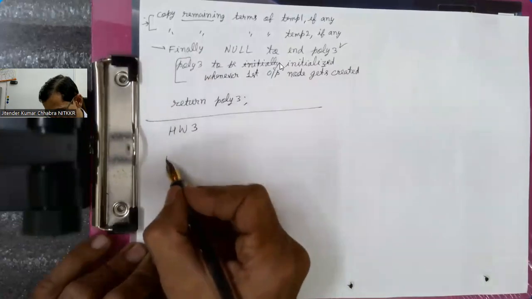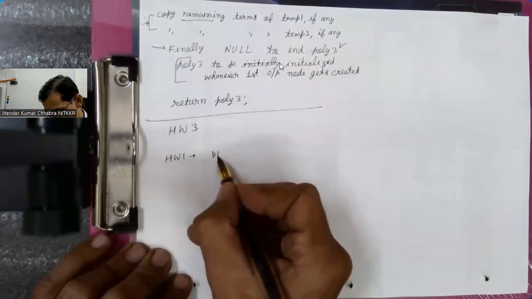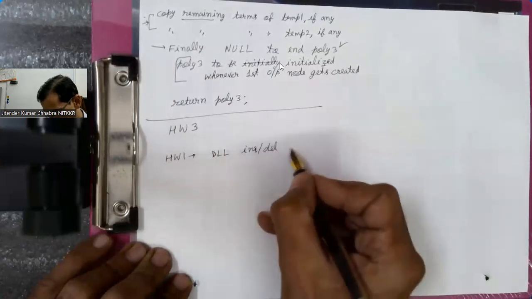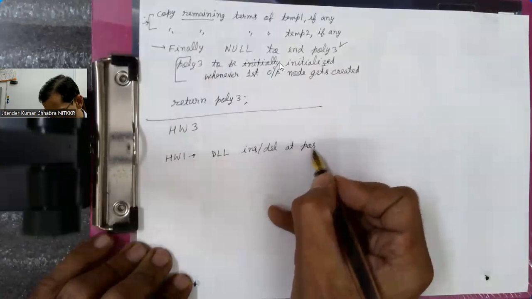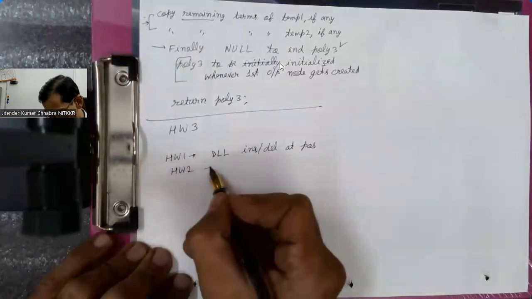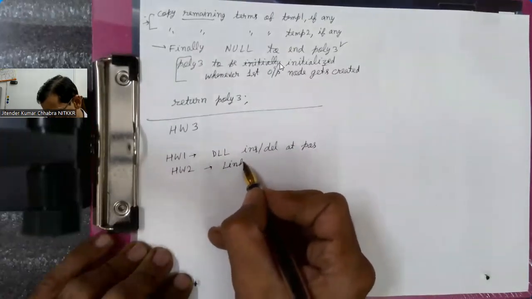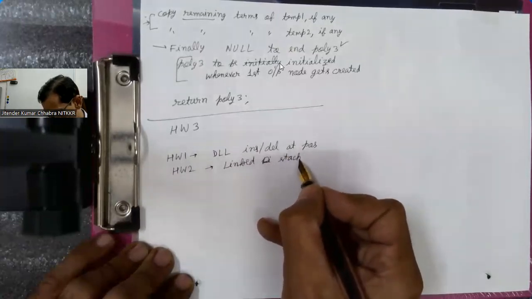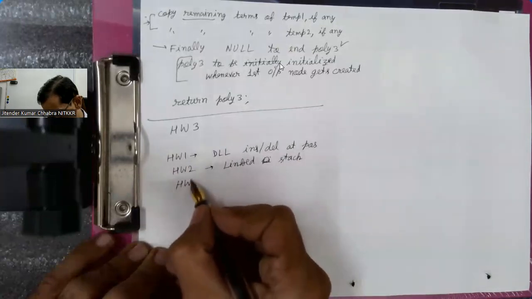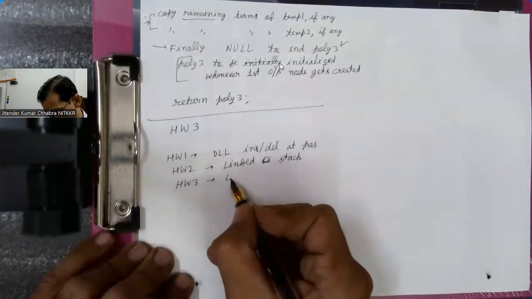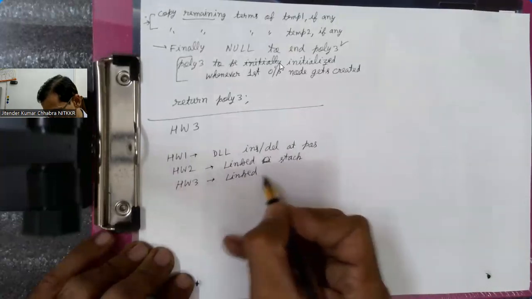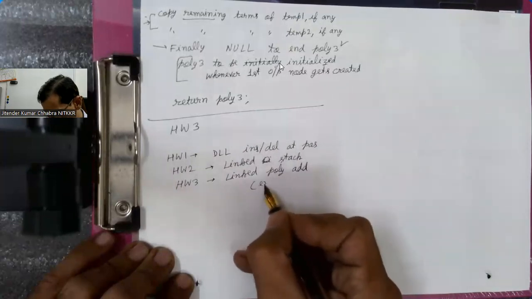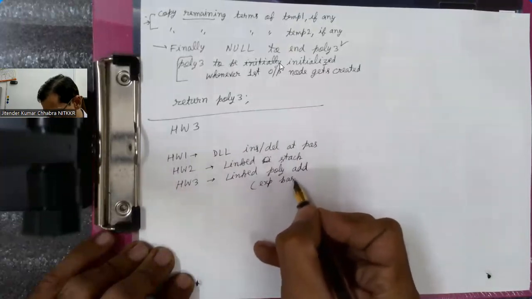So homework 1 has been DLL for insertion, deletion, add position. Homework 2 has been for your linked stack. And homework 3 now becomes for your linked polynomial addition, and that we are doing using exponent-based representation.